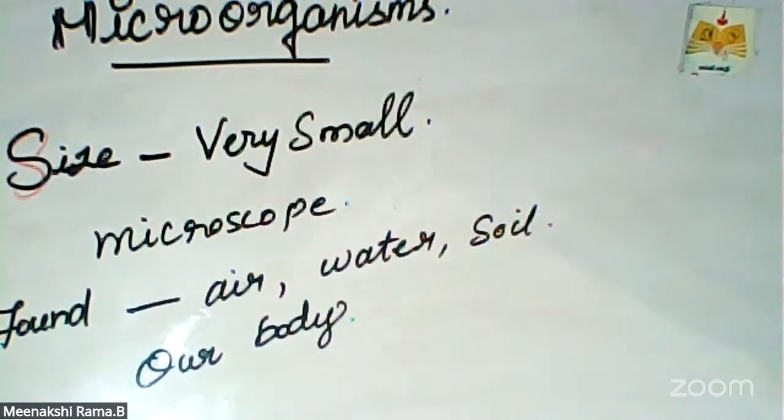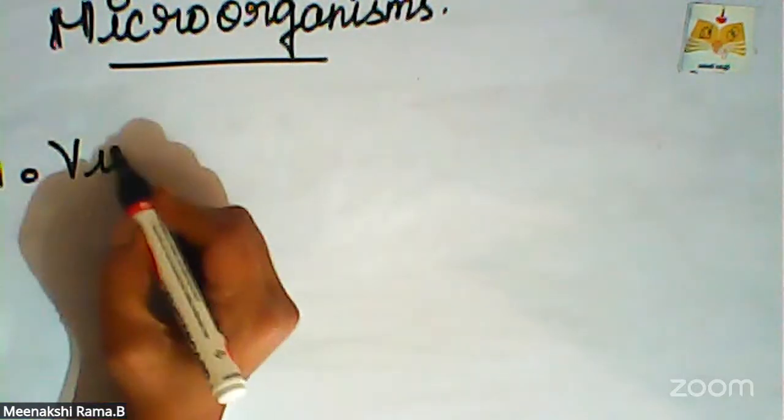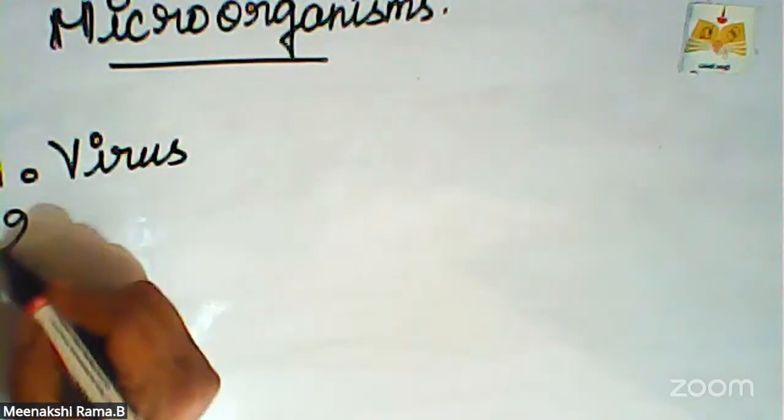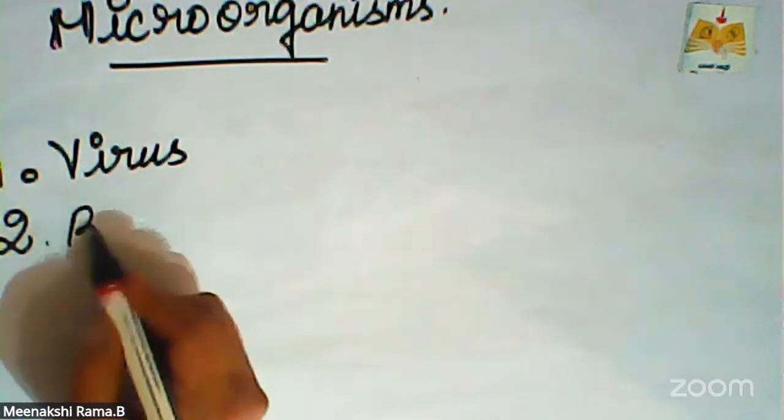So microorganisms can be studied under 5 categories. What are they? They are virus, bacteria, fungi, algae, and protozoa. Virus is the first category of microorganisms.